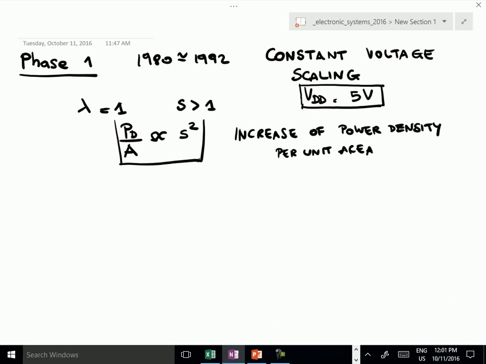Okay, and this was the reason why from 1992 the supply voltage started decreasing.